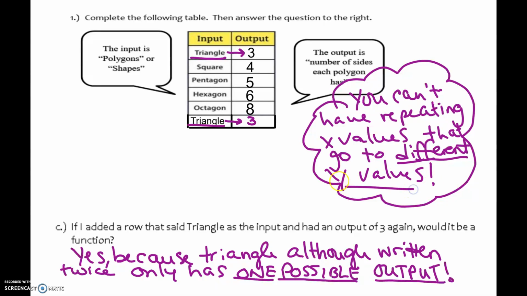It's okay to have the same x value repeating and going to the same spot, but they can't go to different y values.